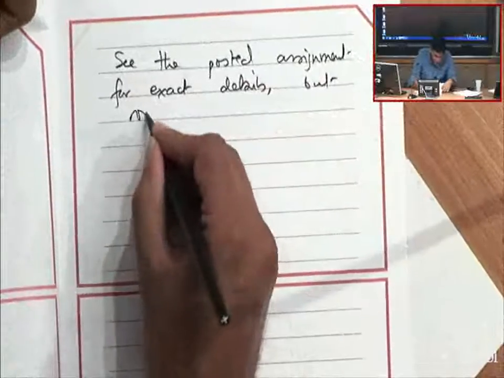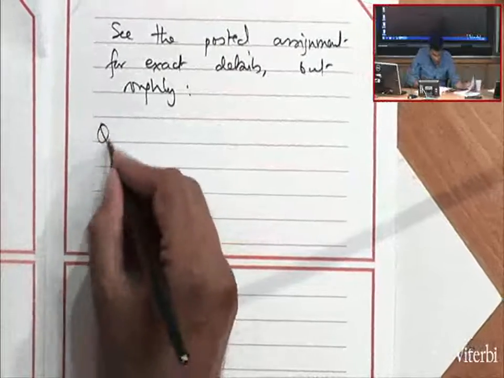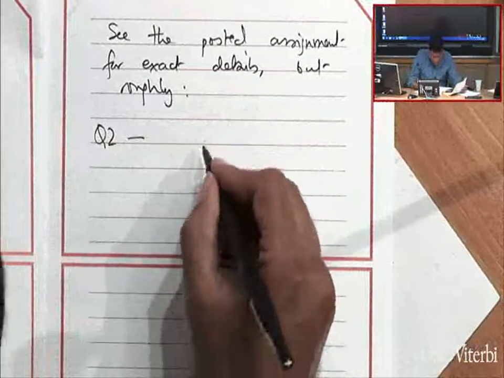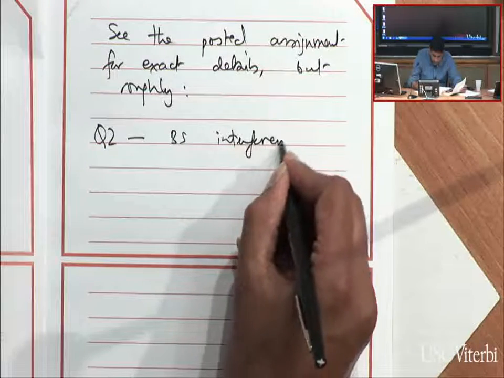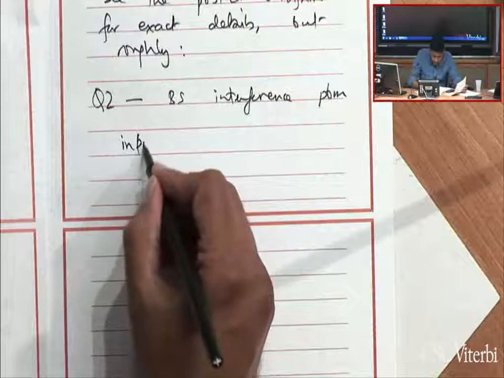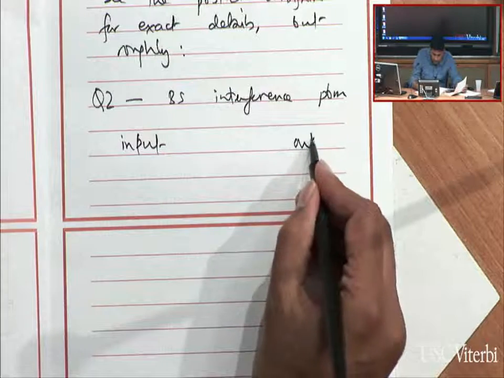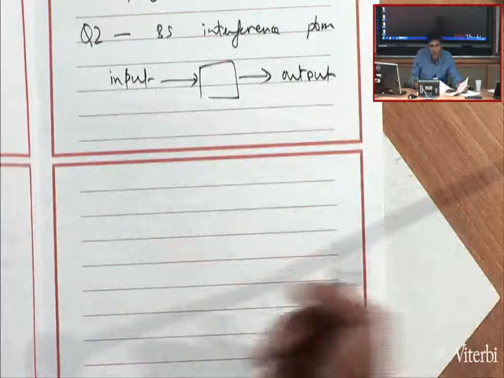But roughly, this is what they're going to look like. So for question 2, which is about the base station interference problem, we're specifying the format of the input and the output that your code should accept and put out.